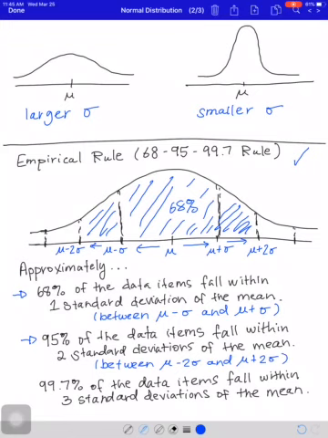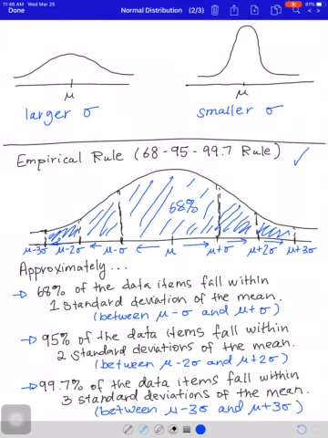And then finally, if we go out 3 standard deviations in either direction, so this one here is mu plus 3 sigma, and this one over here is mu minus 3 sigma. Then we get almost all of the data items. In fact, 99.7% of the data items are going to fall within 3 standard deviations of the mean, or between mu minus 3 sigma and mu plus 3 sigma.